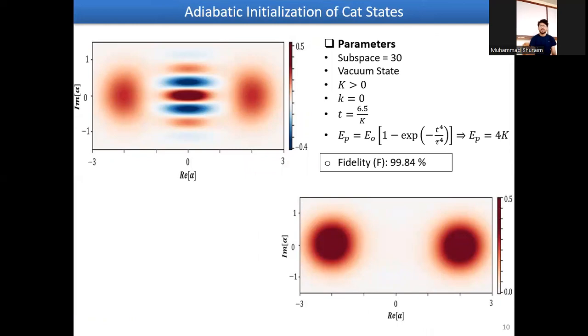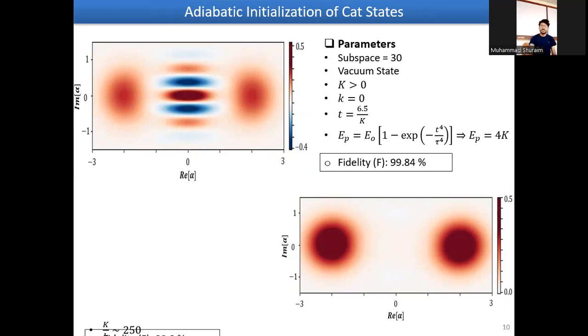So here, what I have done is adiabatically initialize the vacuum state, and evolve it under the Kerr Hamiltonian presented in the previous slide. In the upper figure, the loss operator kappa, which is the single photon loss, is equal to 0, and the Ep field is an adiabatically increasing drive field, and we can see that we have achieved a cat state.